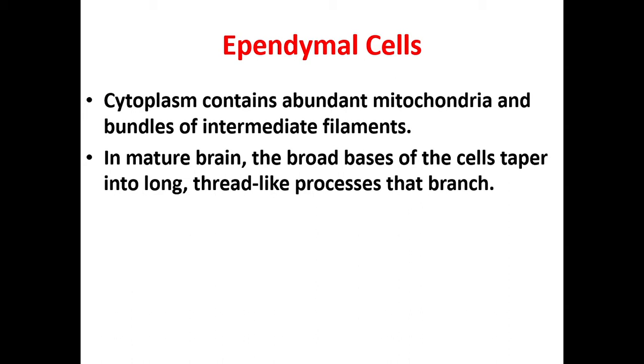The ependymal cells contain abundant mitochondria and bundles of intermediate filaments. In mature brain, the broad bases of the cells appear tapered into long thread-like processes that branch.